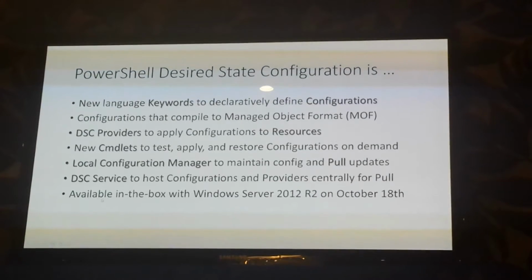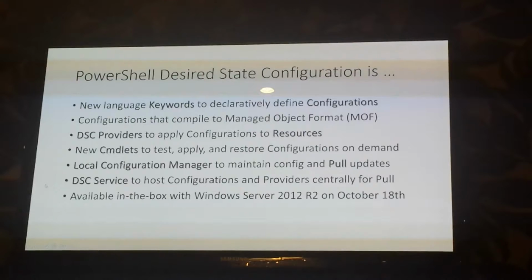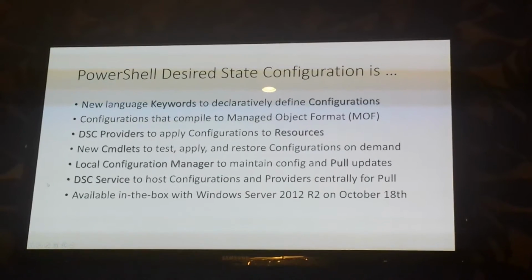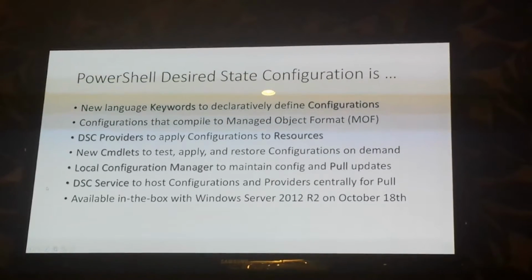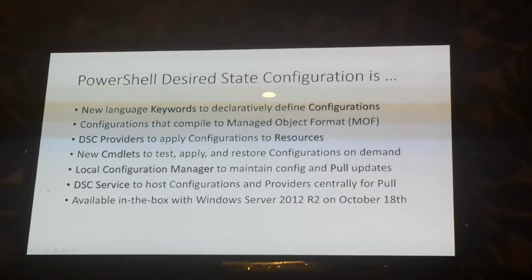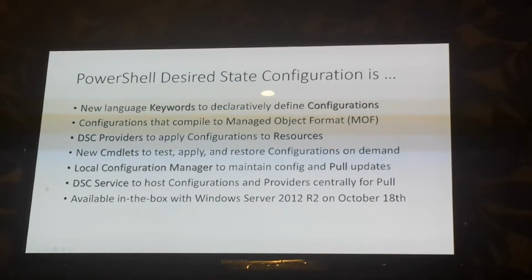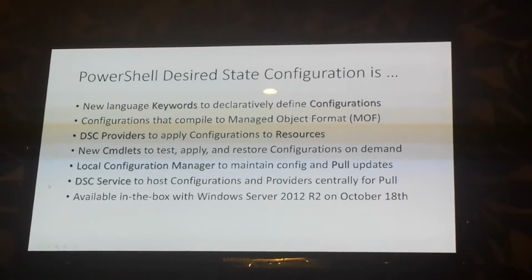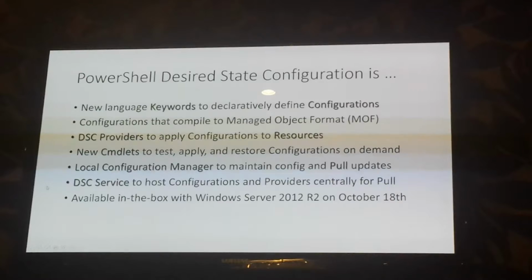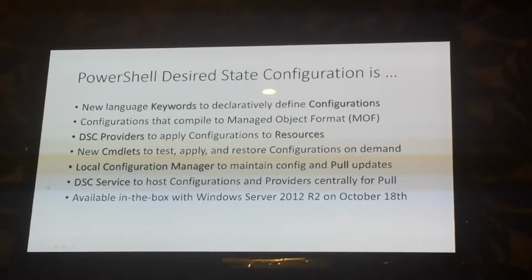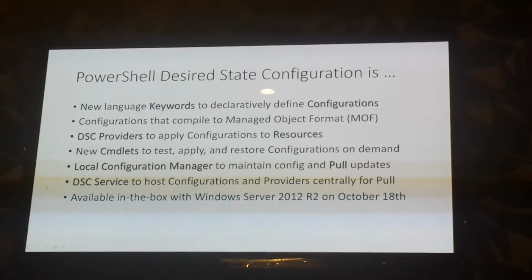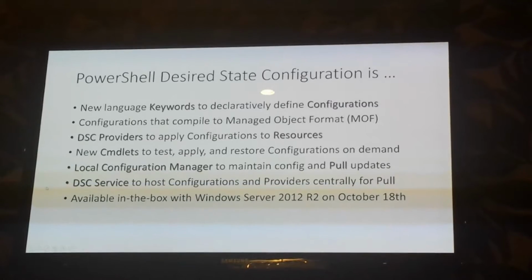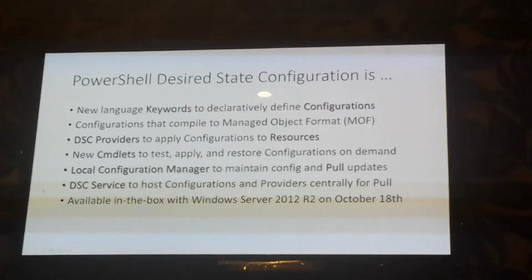So, PowerShell has been around for a while. It's the desired state configuration that's new in V4. And basically, you're getting a new set of keywords to give you a domain-specific language for defining your configurations declaratively. Those configurations will then compile into managed object format, which is what WMI has been using for years, and there's another standard, and not necessarily a Microsoft standard, though I'm sure they've extended it in their own way.